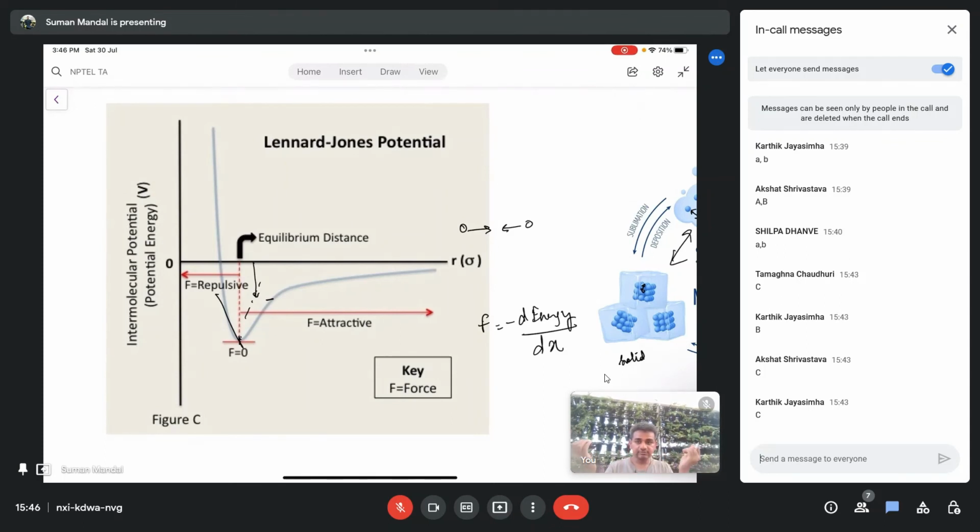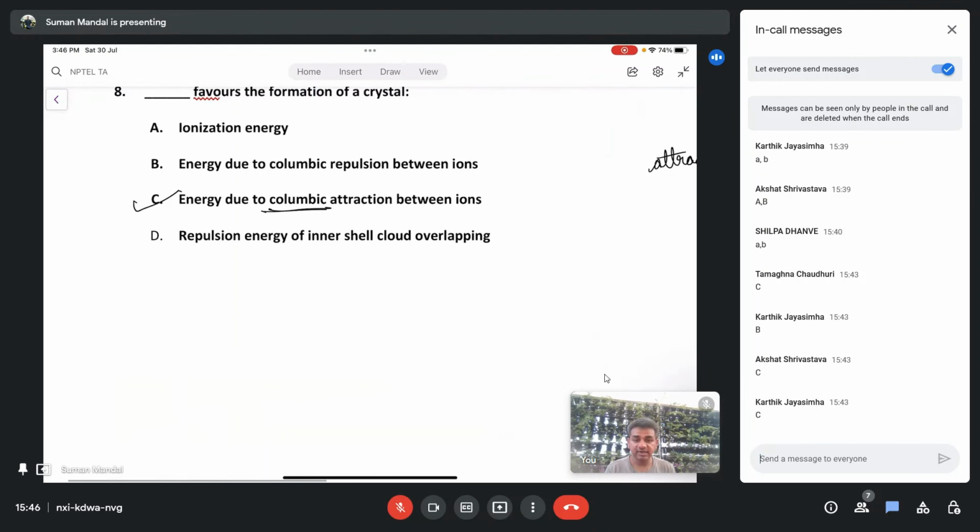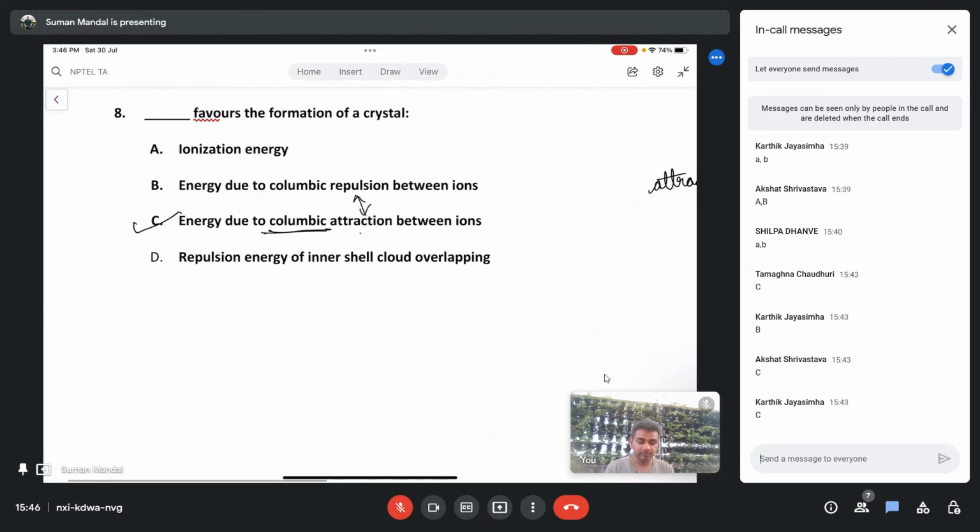The atoms will try to move away from each other. So the mean distance, the lattice parameter or the bond length, is determined by both the Coulombic attraction as well as the repulsion. So even though the formation is preferred by the Coulombic attraction, the net lattice parameter, the construction of the crystal, depends on both the repulsion and the attraction terms. Okay.